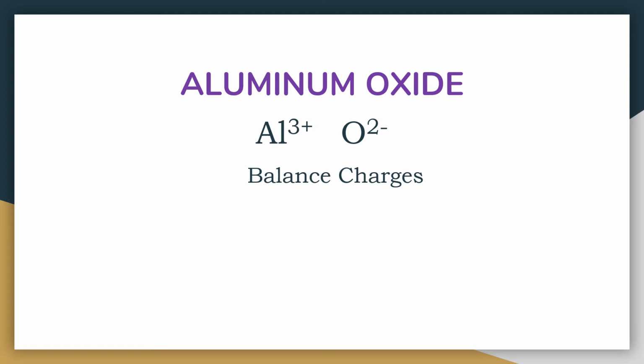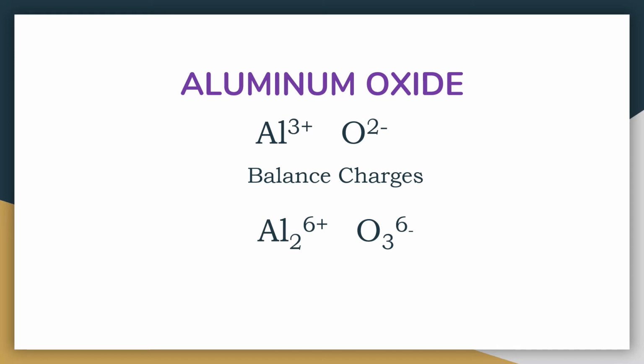We want these charges to be exact or the same. So I will also place a 3 subscript that turns the 2 negative to a 6 negative charge, and our charges are balanced. Another way of looking at this is what we call the crisscross method.